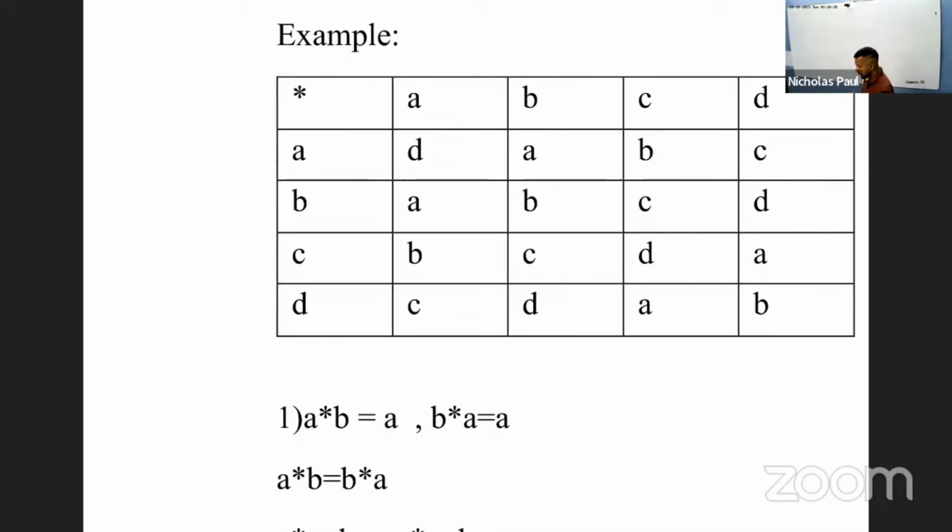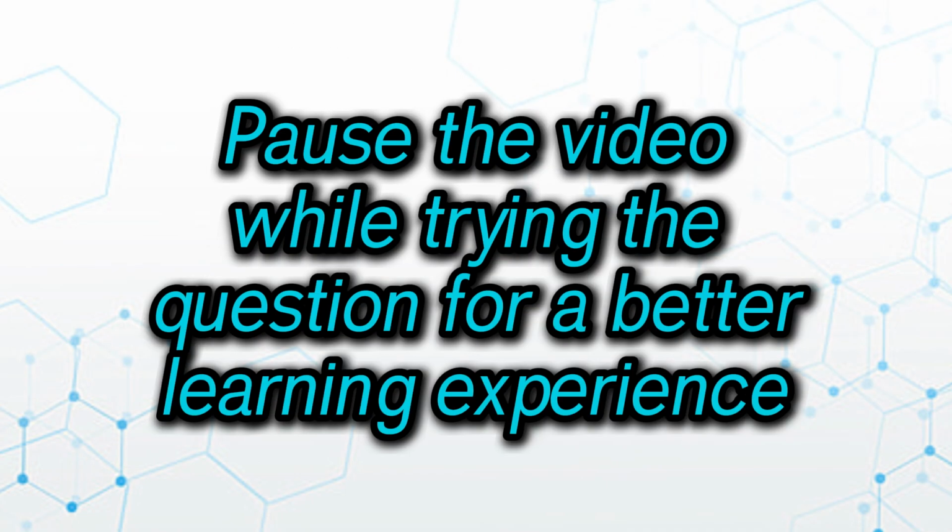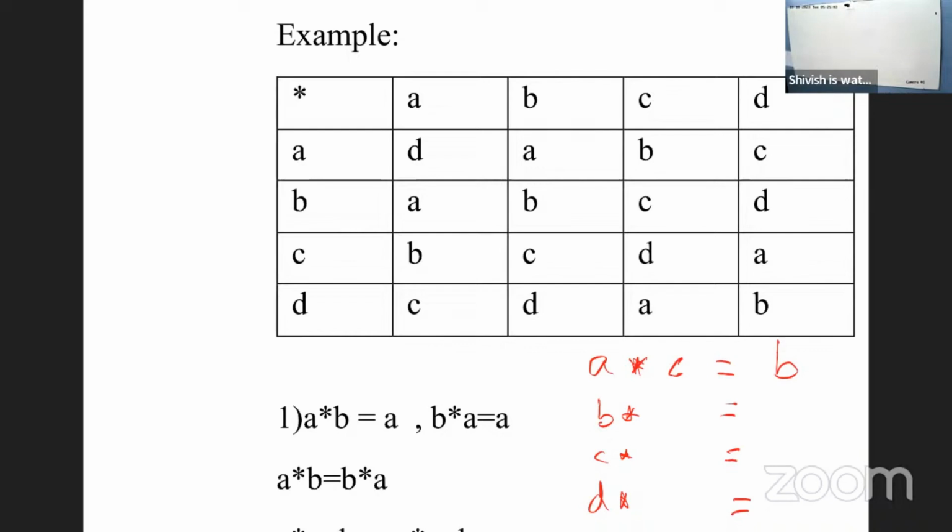So we shall find the inverse. A star the inverse always gives you what? The identity, right? And the identity here is B. Okay? Find the inverse of all the elements. What's the inverse of B?